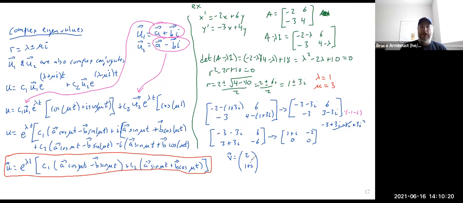So exactly the same trick as before. But now we're going to split it into real parts and imaginary parts. So my real parts were 2 and 1. My imaginary were no i's and then 1 i. And so now, not only do I have the lambda and the mu for our formula, I also have the a and the b. A is 2, 1, and b is 0, 1.